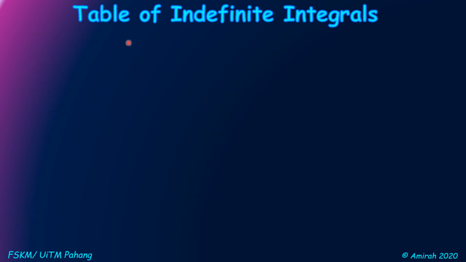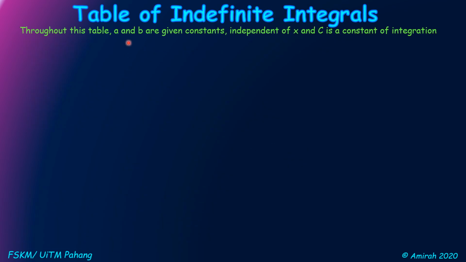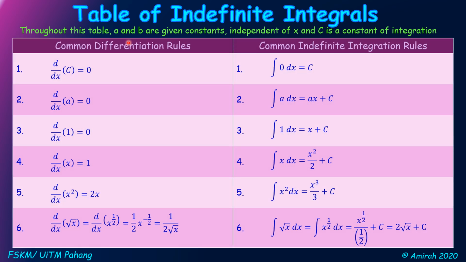Now we look at the table of indefinite integrals. Throughout this table, a and b are given constants independent of x, and c is a constant of integration. The table gives a list of differentiations of common functions we had learned at that point.